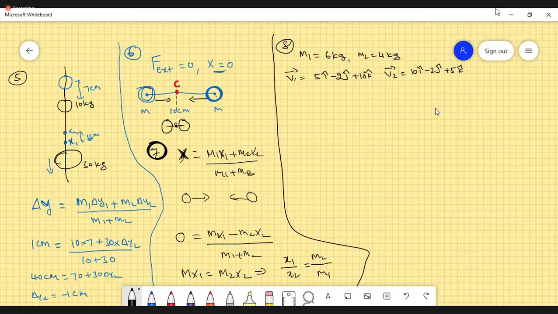So then what is the center of mass? What is the formula? The velocity of center of mass equals m1 v1 plus m2 v2 by total mass. Very good. Calculate and tell me the answer fast.